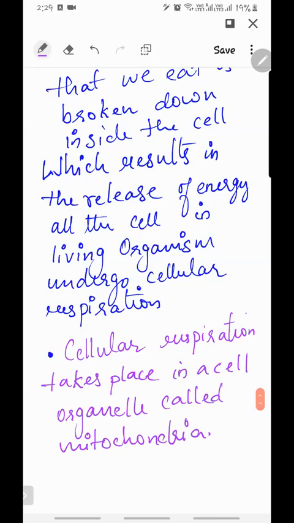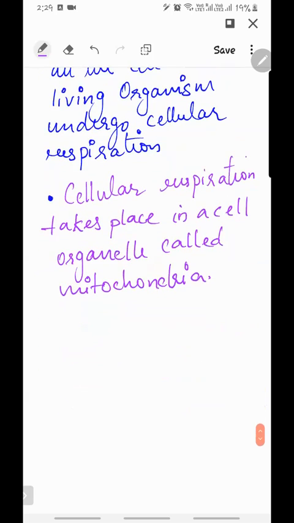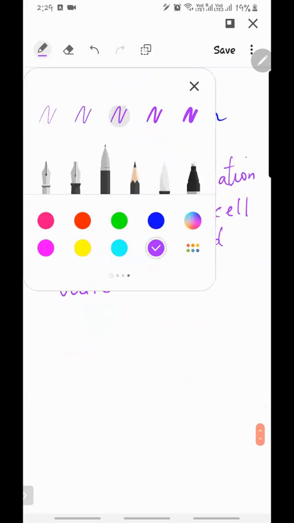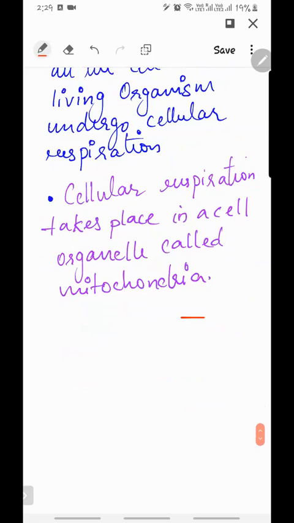Now, how is the mitochondria? I'll just draw a diagram.